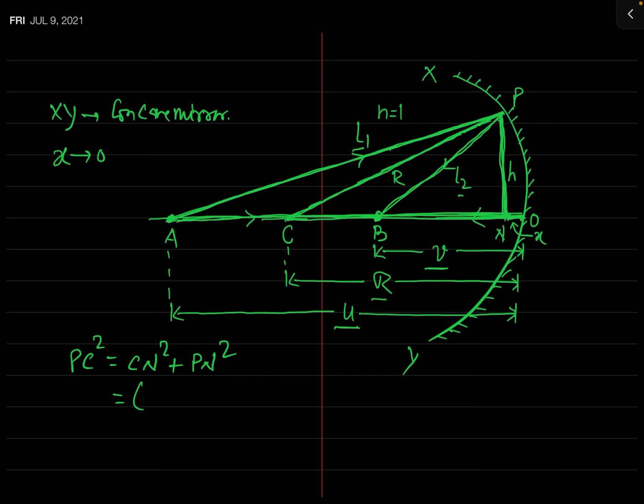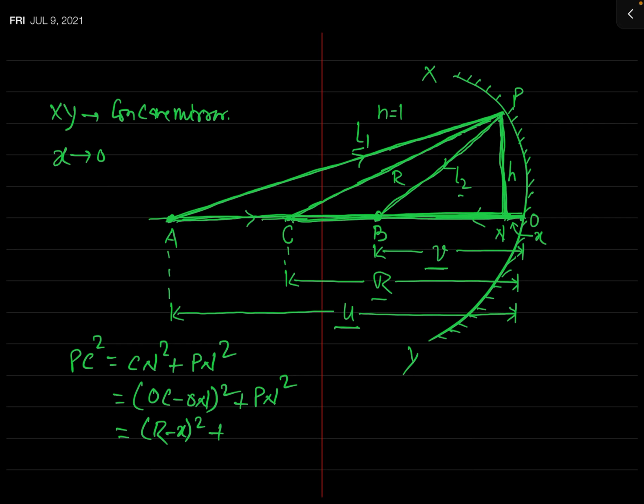Cn can be written as OC minus On. You can see this figure. Cn will be equal to OC minus On, plus Pn square. Now see this OC minus On. OC, you know, it is R, and On is equal to X. So this is R minus X whole square.